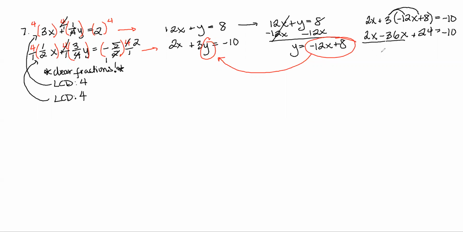Combine, so we get -34x plus 24 equals -10. Subtract the 24. So we have -34x equals -34. And divide both sides by -34.